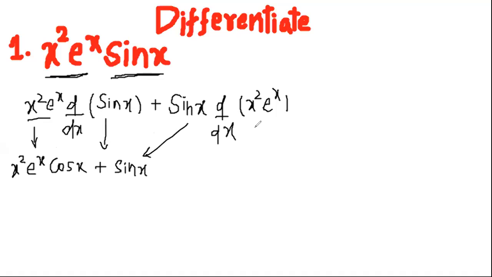Now you can see that it's still in two functions. Here also there are two functions, so we will apply the product rule here also. We will consider x square as a first term and we will consider e to the power x as a second term. Once you apply product rule in this one, we will leave first term x square, we will differentiate second term.